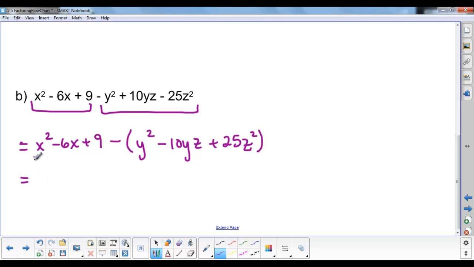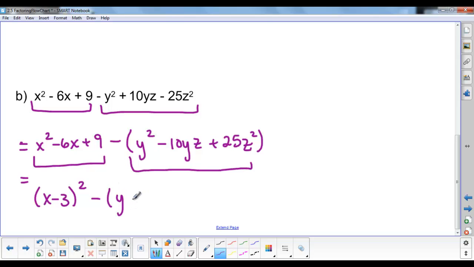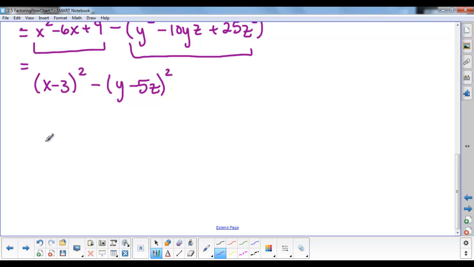So our groups are clearly defined now. There's the first group and there's the second group. Both end up being perfect square trinomials. So x minus 3 squared for the first one, and y minus, and then square root the last term here, so y minus 5z for the second group. And then again we have difference of squares.